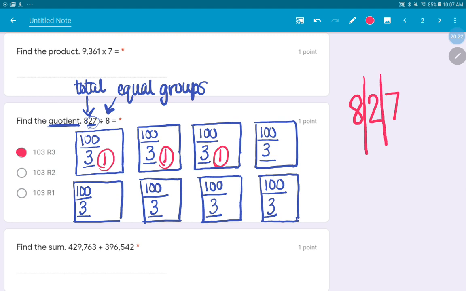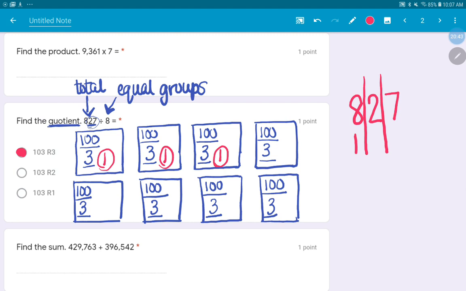So if I give each group, I can give 100. Do I have any hundreds left over? I didn't, did I? I used all 800. I put 100 into each group. So I didn't have any hundreds left over.